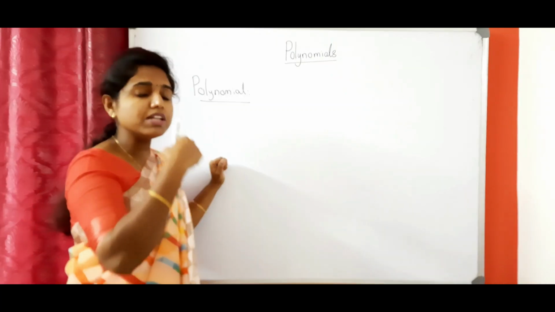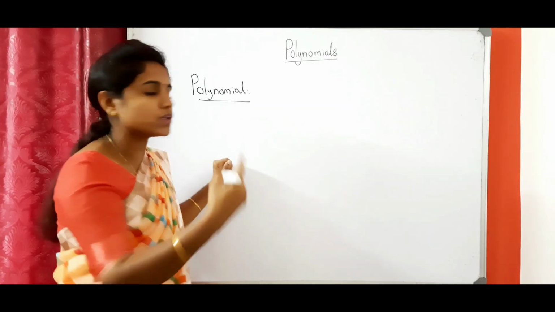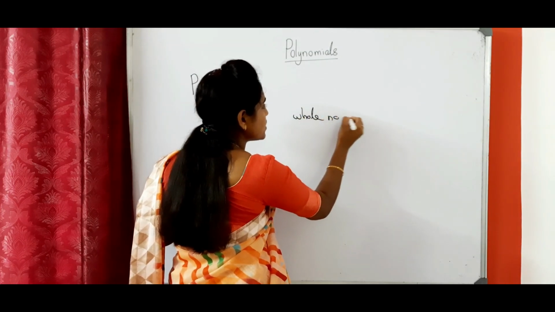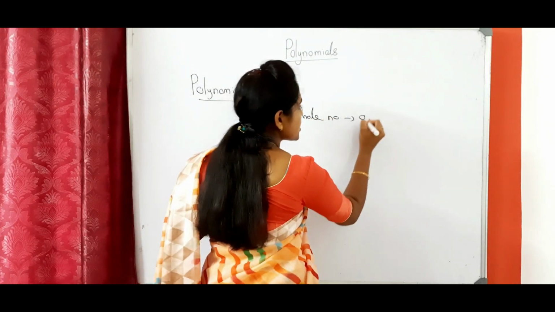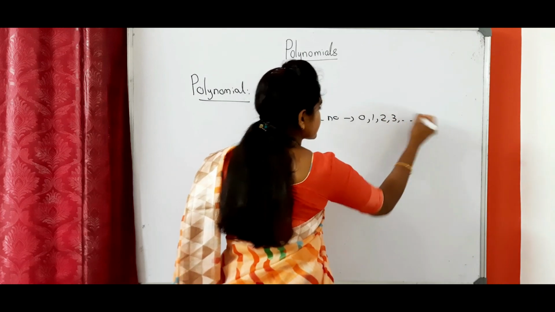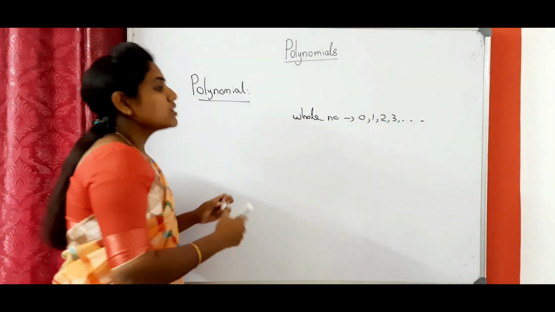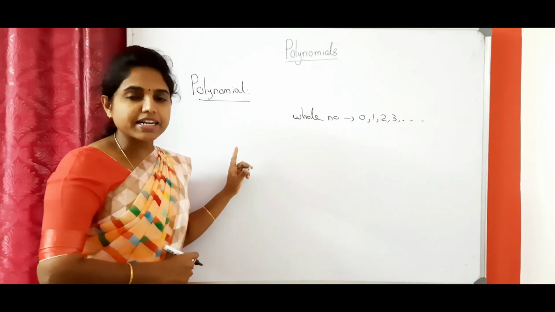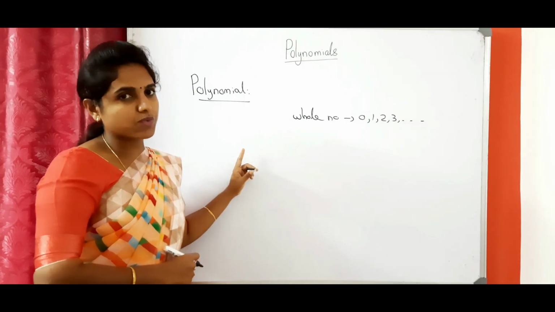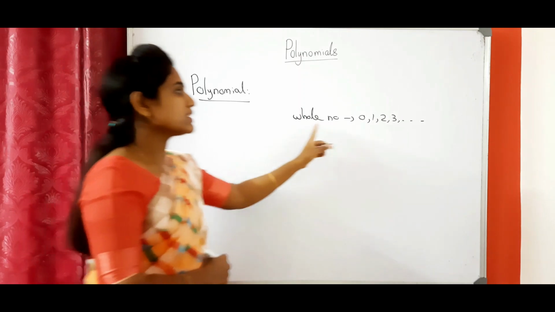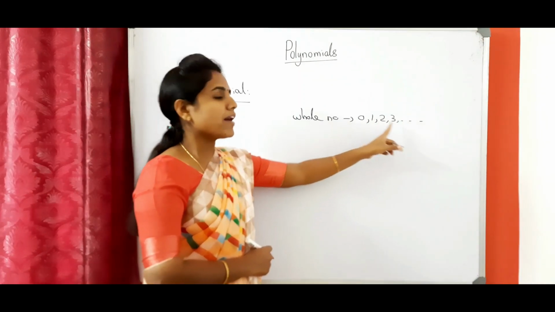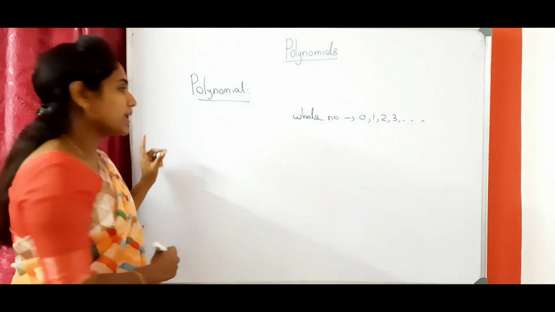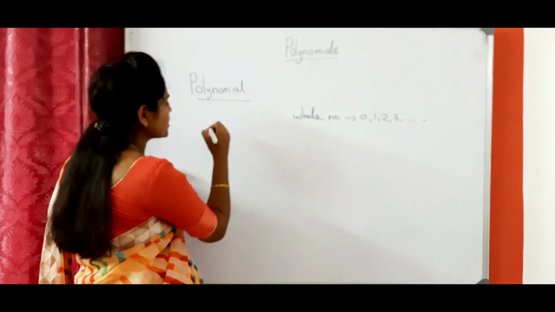The variable power is a whole number: 0, 1, 2, 3, etc. These are the whole numbers we know. So non-negative integral exponents mean the variable power is a whole number, whether 0 or positive. Then we can say it is a polynomial.